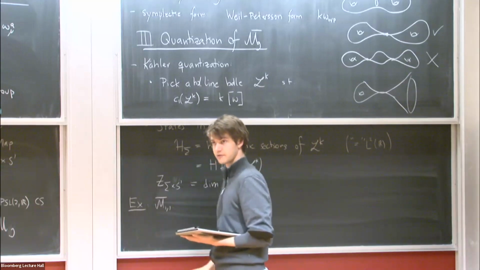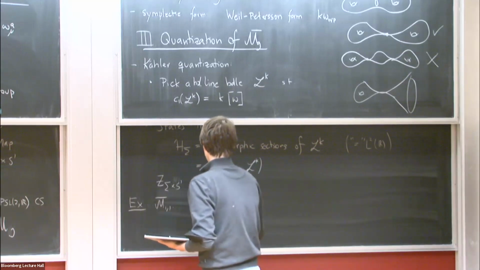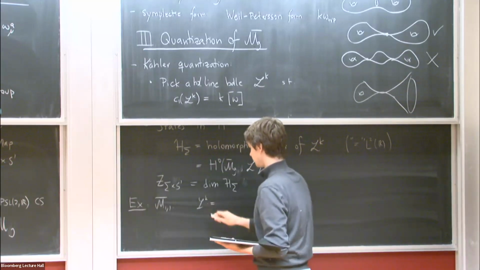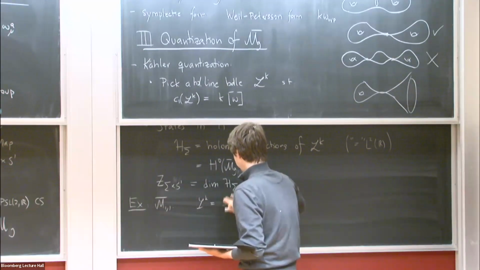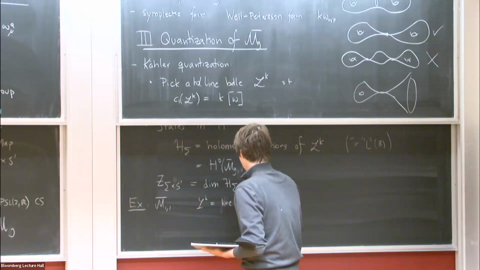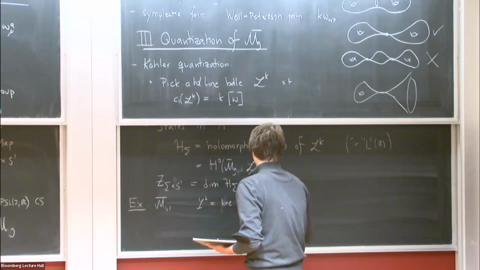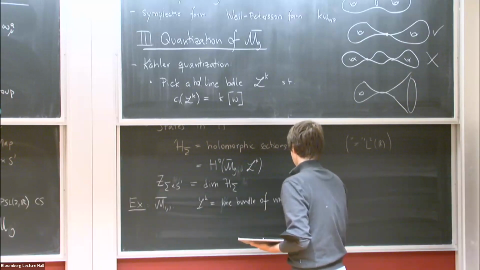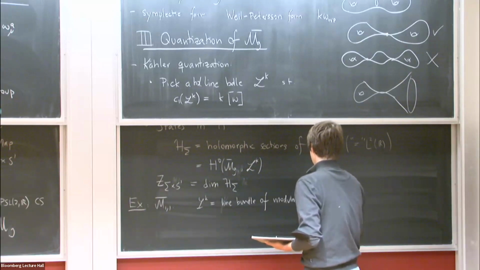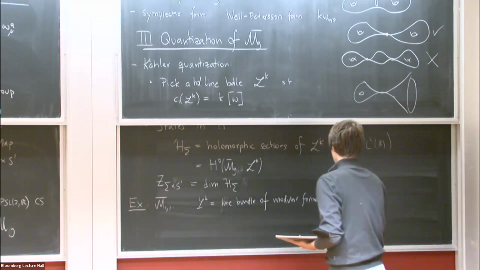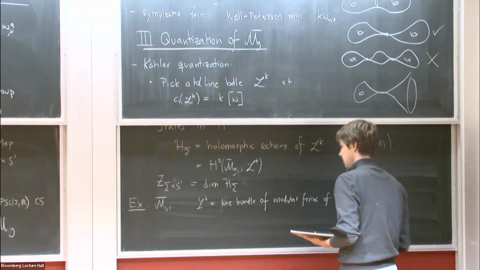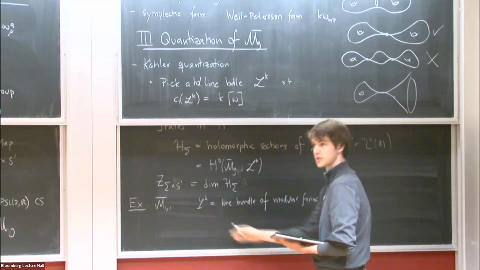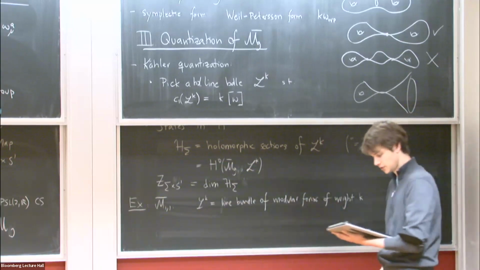There is a relevant line bundle, and L to the K turns out to be, if you look at what the partition function is, the line bundle of modular forms. Meaning that holomorphic sections of these line bundles are modular forms of weight K.